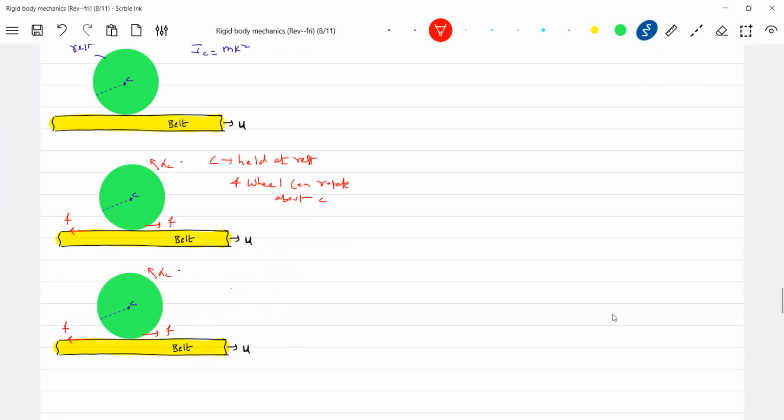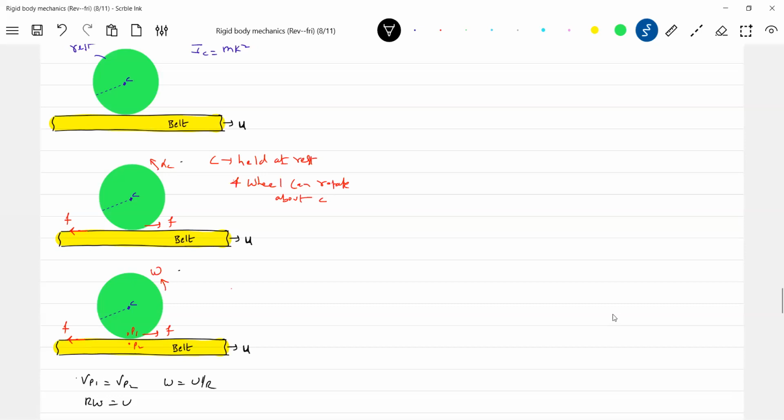So finally, what will happen? This will be rotating with an angular velocity omega. The velocity of this point should be equal to the velocity of this point. Vp1 will be r omega, and this is u. So what is omega equal to? u by r.